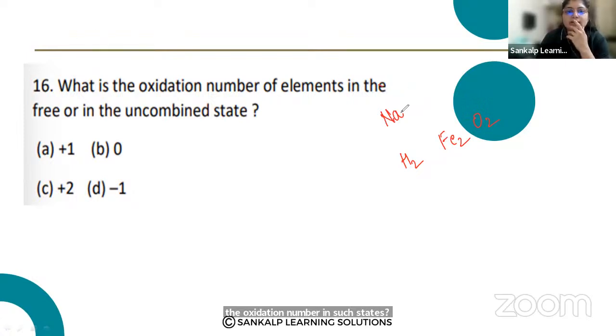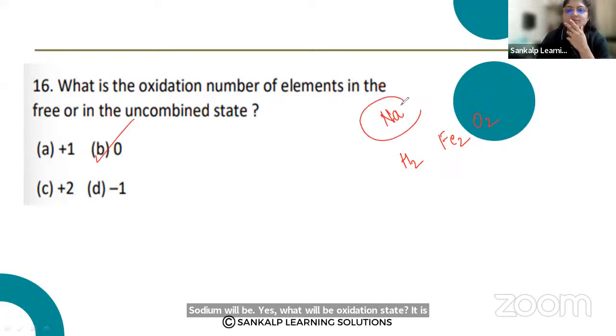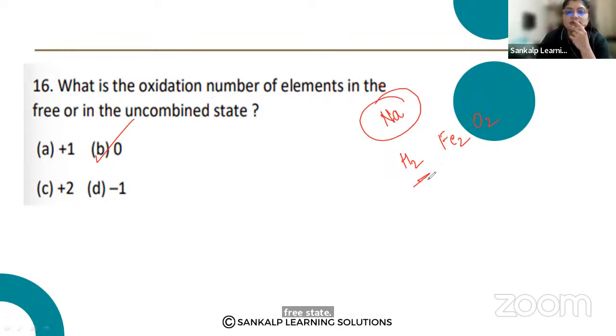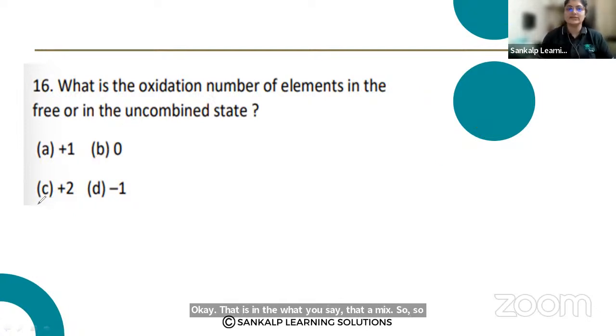Sodium will be, it is option number B. It will be 0 in the free state, or in the uncombined, diatomic state. So that time the oxidation number will be 0.